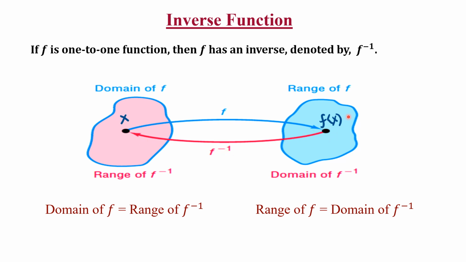So from the input f of x, if we apply the inverse of f, the output is x. As we can see here, the domain of the function is the range of f inverse, and the range of the function is equal to the domain of f inverse.